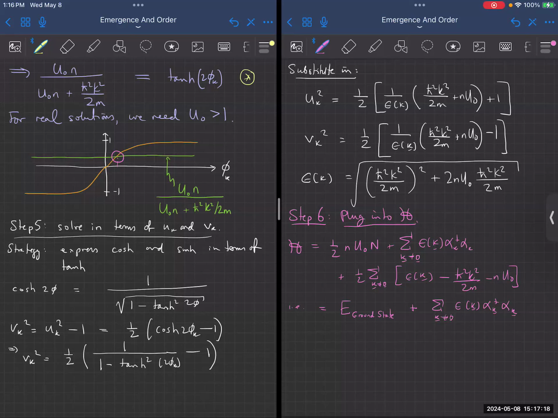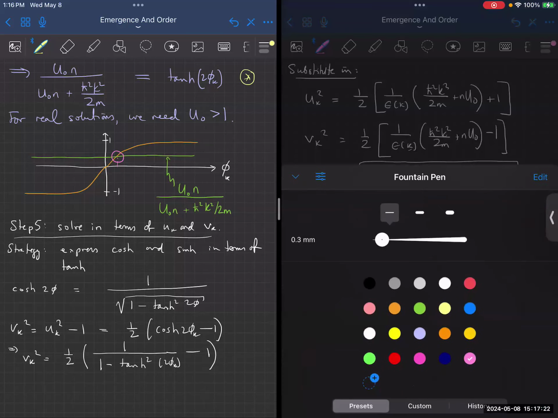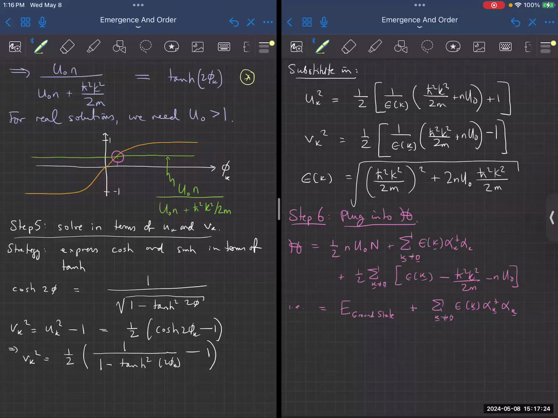And so now we look at this and we say, whoopee, this is great, because this thing here is just the energy of a bunch of free particles. So these are these alpha particles.